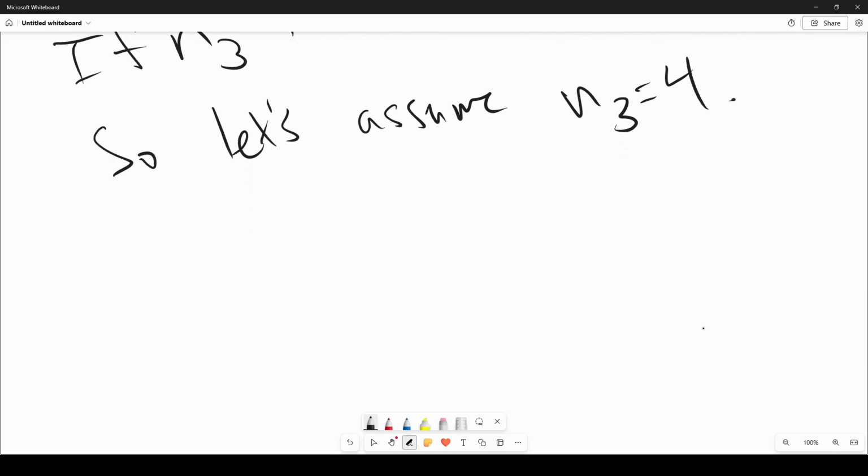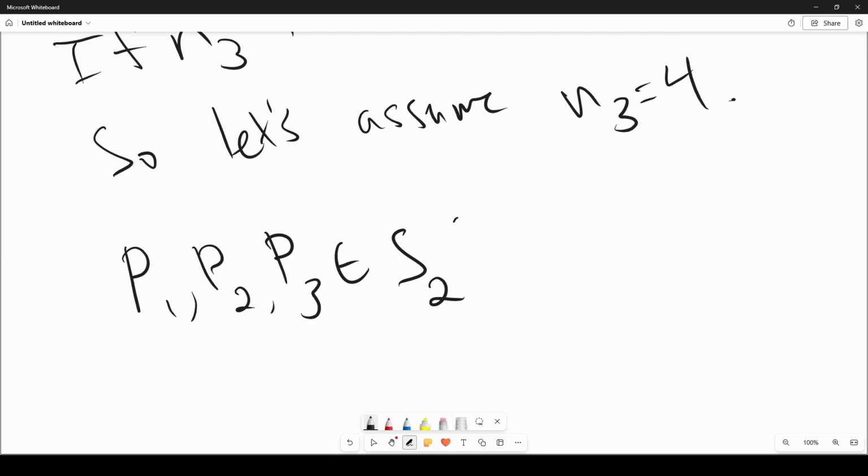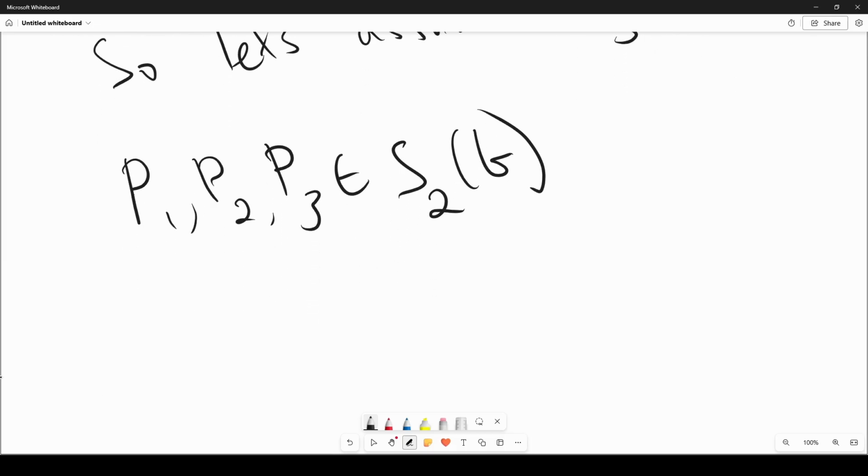So if n2 is 3 and n3 is 4, then I can list the 2 Sylow and the 3 Sylow subgroups. Let's call them p1, p2, and p3, which are the 2 Sylow subgroups, and then let's call them q1 through q4, which are the 3 Sylow subgroups.